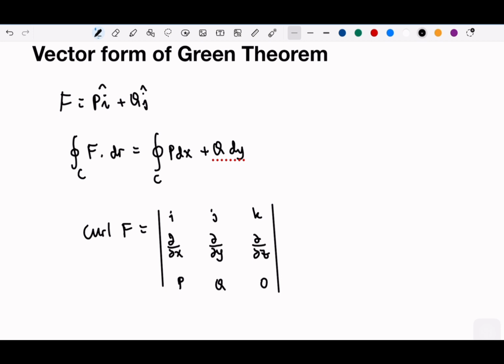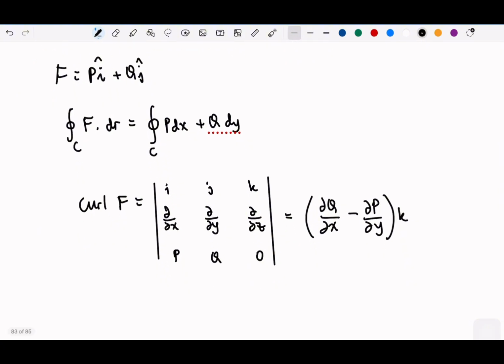Okay, so we are going to have the partial Q partial x minus partial P partial y, and this will be k. Okay, the other parts will be 0, right?